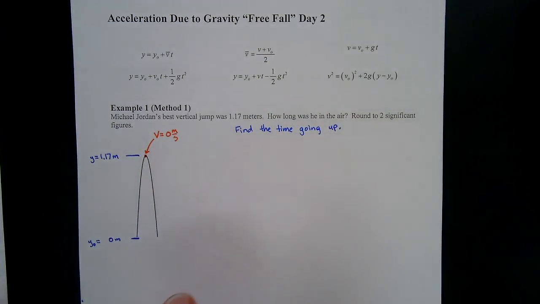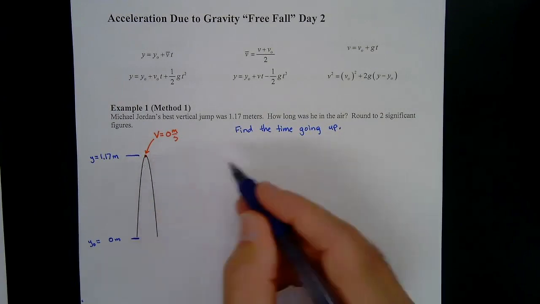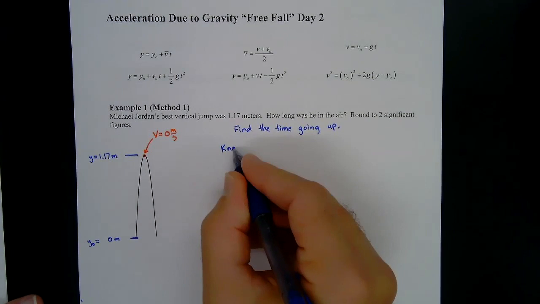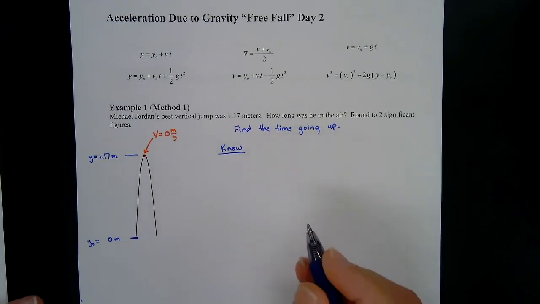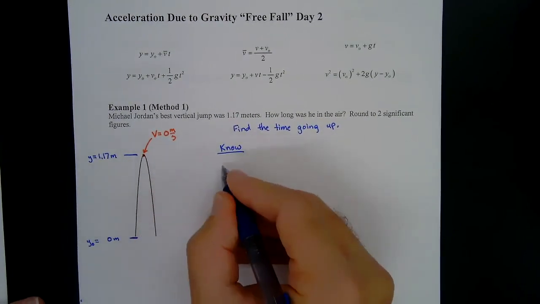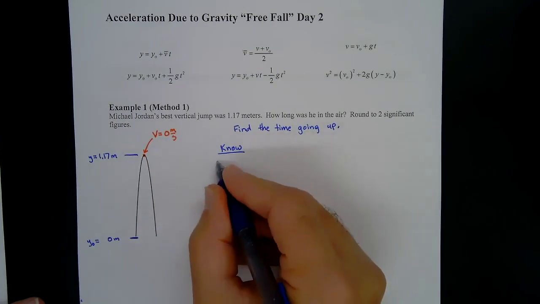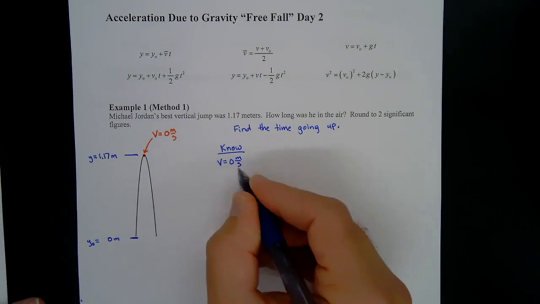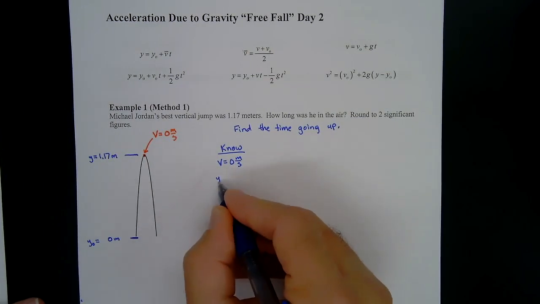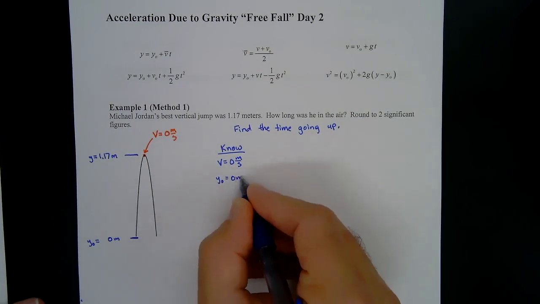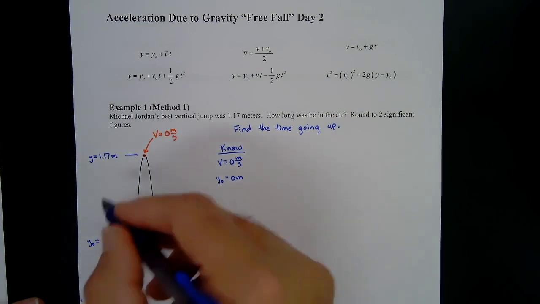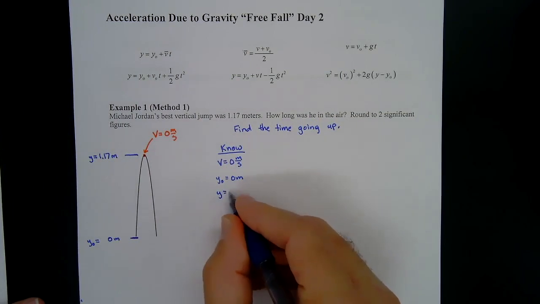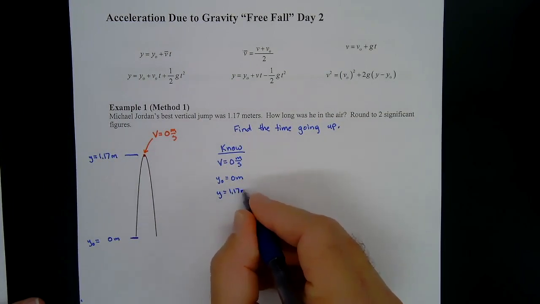So what do I know about this when he's going up to the top? What I know is that the final velocity at the end of this time is going to be 0 meters per second. Well, I know he starts, y sub 0, at 0 meters, and at the end, when the velocity is 0, he's going to be at this position, 1.17 meters.